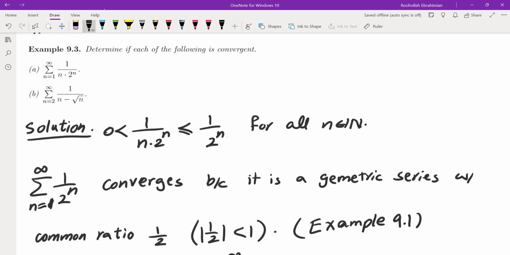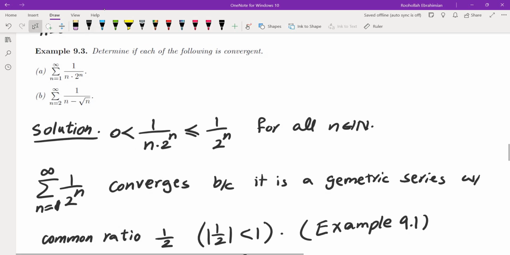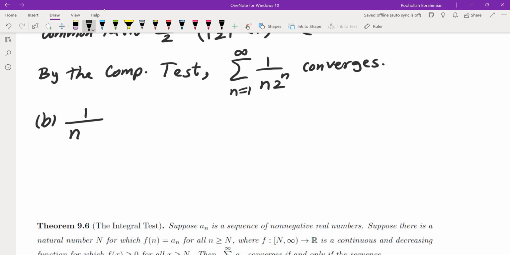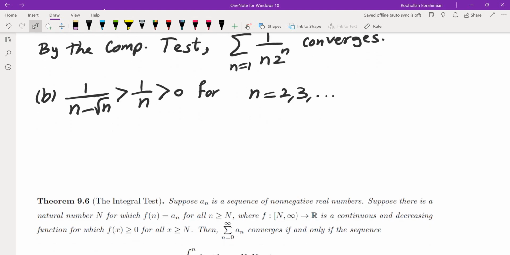Okay. If you look at the next one, you can compare that with the harmonic series, because 1 over n minus root n is greater than 1 over n for n equals 2, 3, etc. And the reason is that the denominator of 1 over n minus root n is less than the denominator of 1 over n.